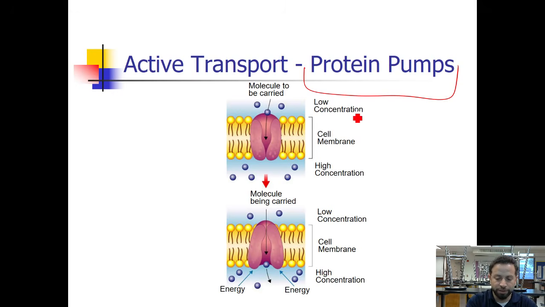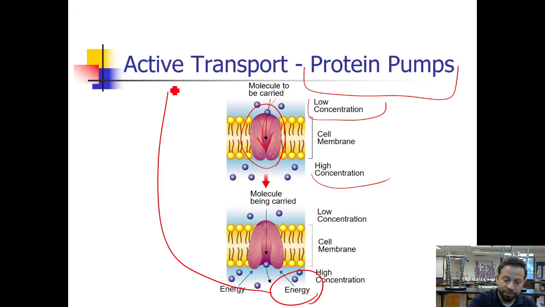So notice here, we're going to go from low to high concentration. How is that happening? It's not natural. Well, it's happening because of the help of this protein pump right there. Okay, so the molecule is really being carried by the protein pump to the other side. What does that require? Requires energy, which is why it's called active transport.